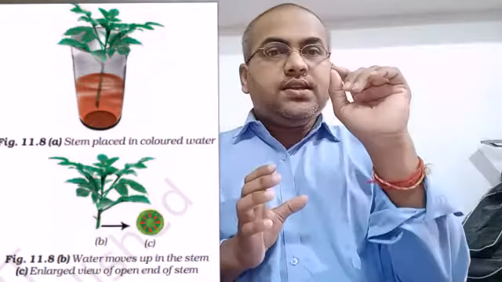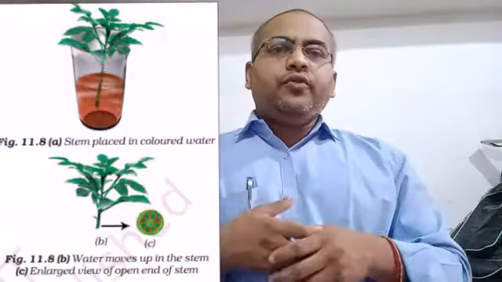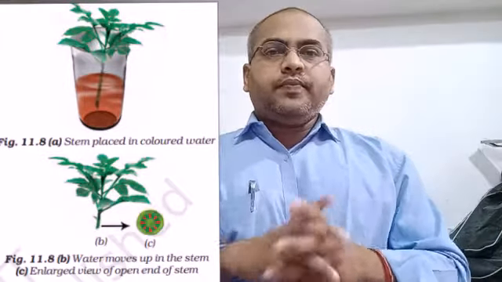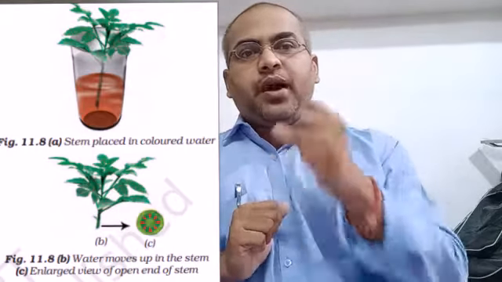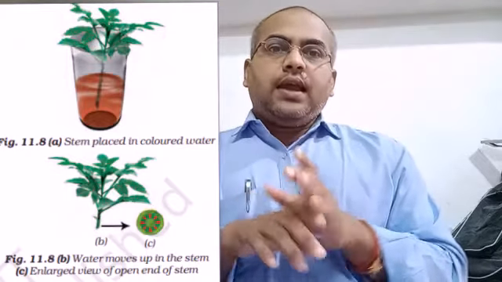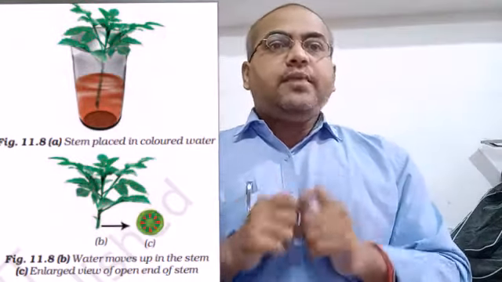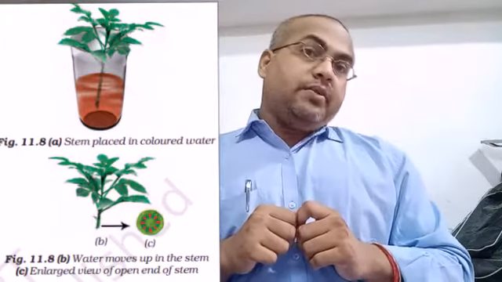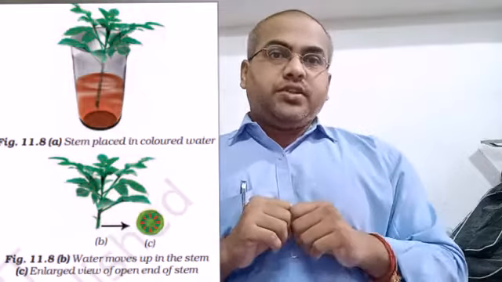If the plant has no flower, that is also no problem. We take that stem or branch of the plant from the tumbler and cut it, and then observe whether red color appears in the stem or not. And amazingly, you will find that red color is present in the stem.